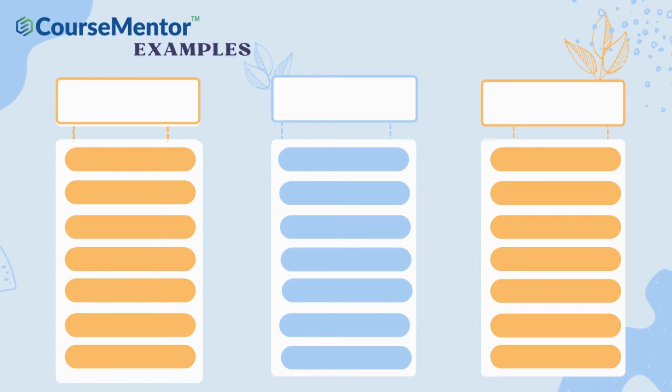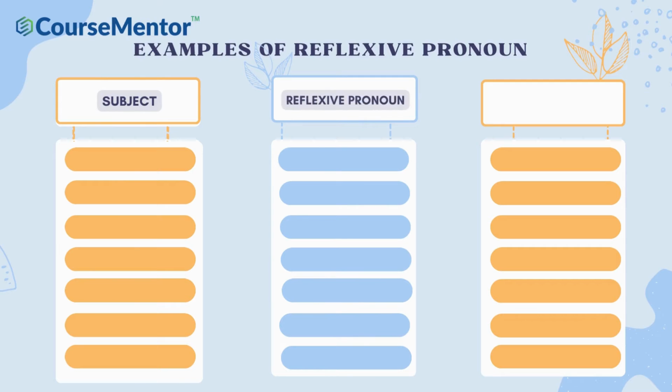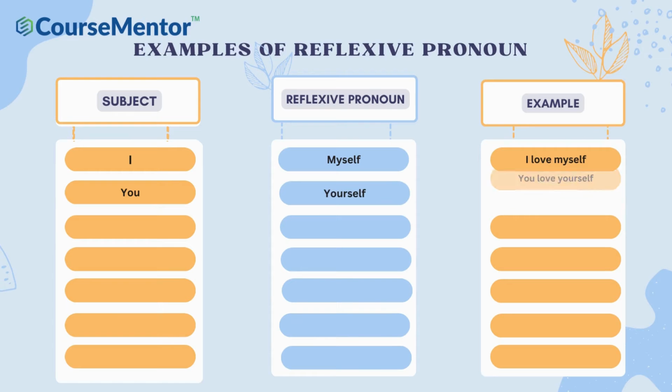There are other reflexive pronouns than just yourself. Let's find other examples that show all of the reflexive pronouns. Subject I, reflexive pronoun myself: I love myself. You, singular, yourself: you love yourself. He, himself: he loves himself.